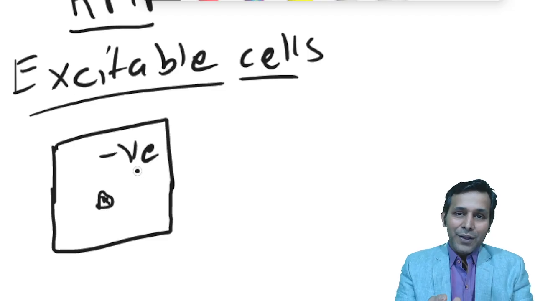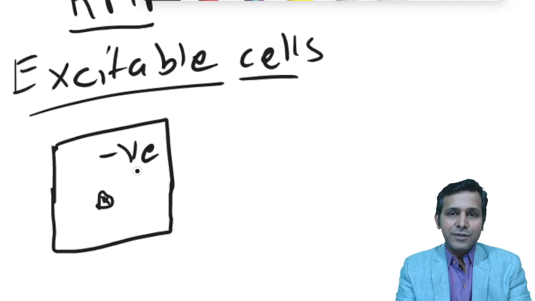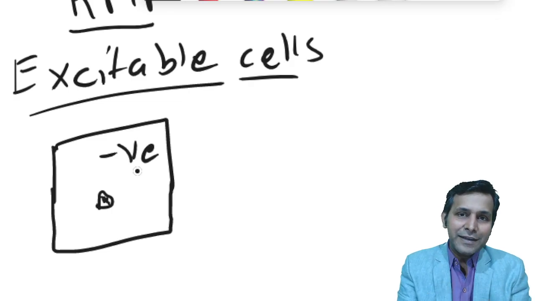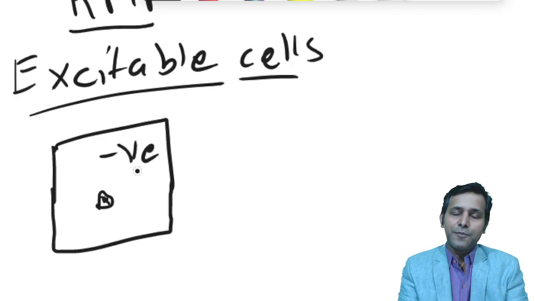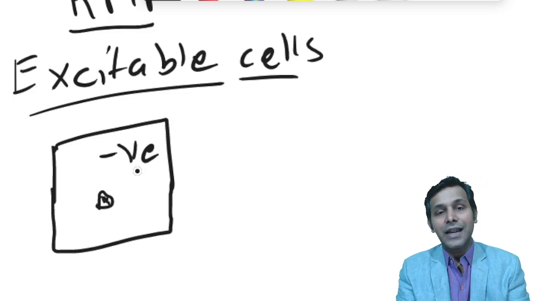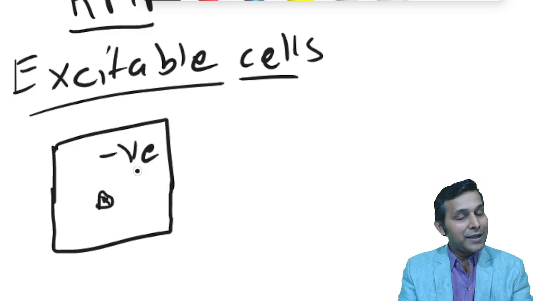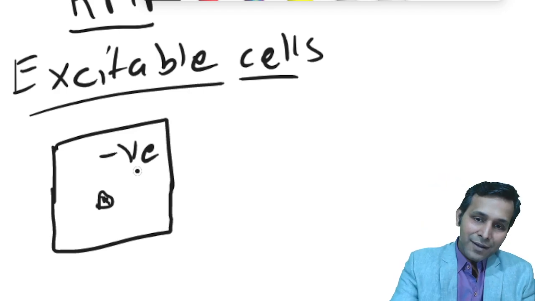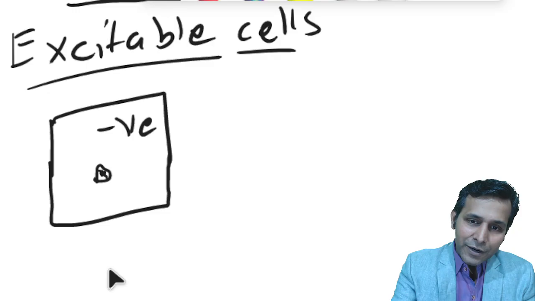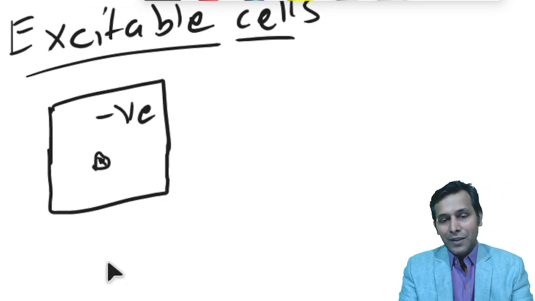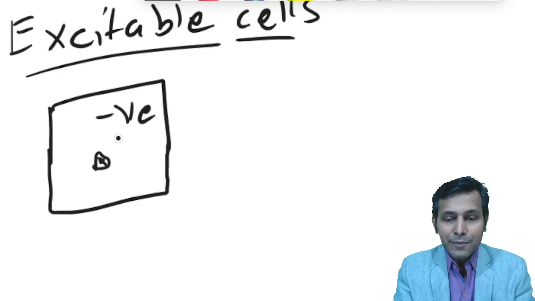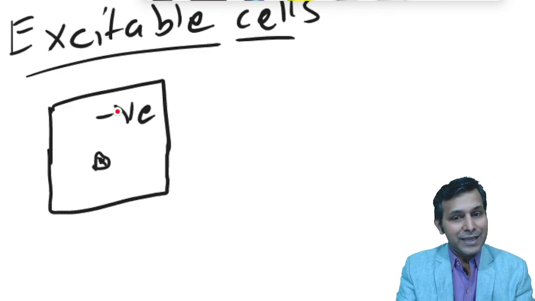Fine. Now you must be having a question: if inside is negative, do we consider outside positive, or what else do we consider outside? Here there is one more concept. When we use the word resting membrane potential, we are concerned about the voltage inside the cell.